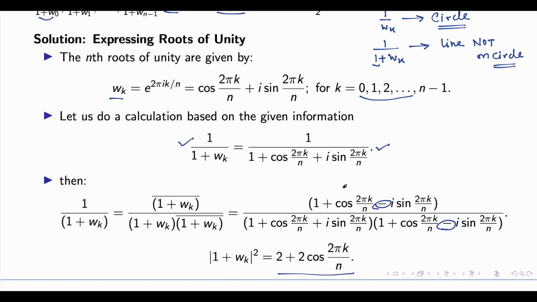Now we are going to collect the real part and imaginary part. In the real part, you see this factor divided by this factor, and in the imaginary part this factor with a negative sign along with this denominator.